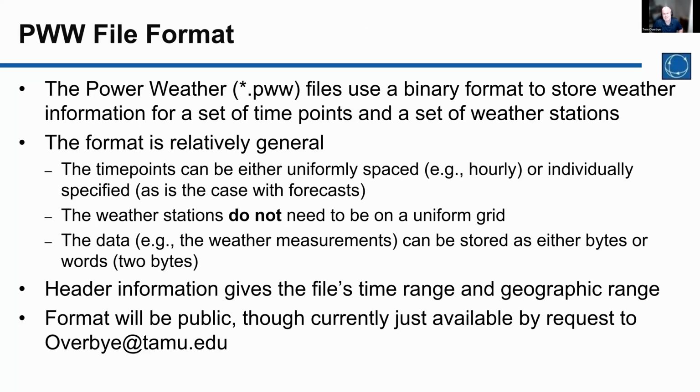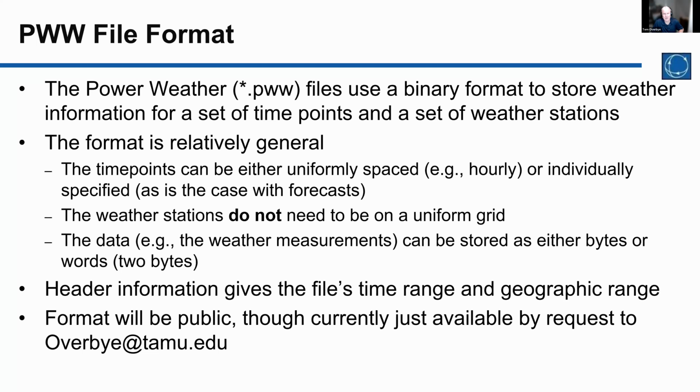The PWW files themselves are just binary format files. They store the weather information in a very compact form. They can store either uniformly spaced data, which is typically what we do with the ERA5 data, hourly, or, as we got into the forecasts, they are hourly for like the first 5 days, then every 3 hours for the next group of days.